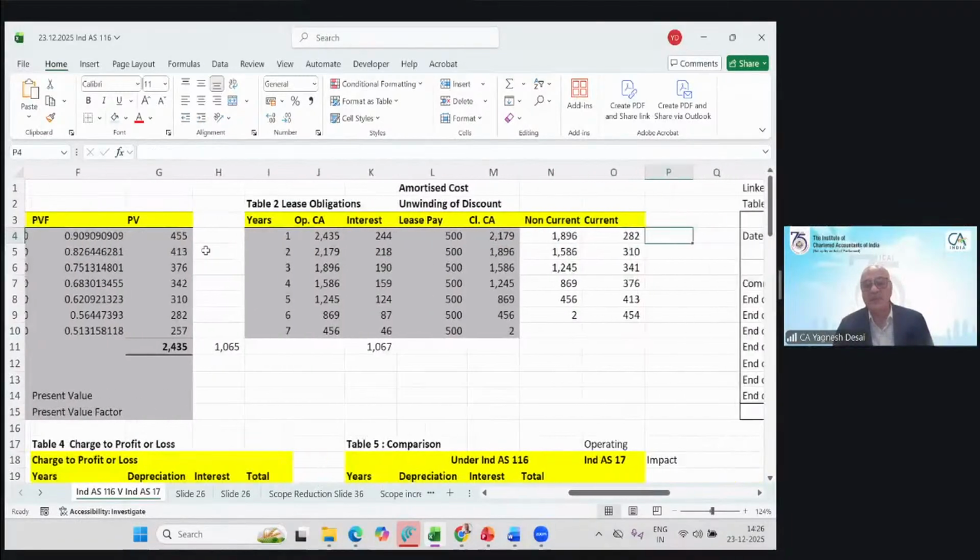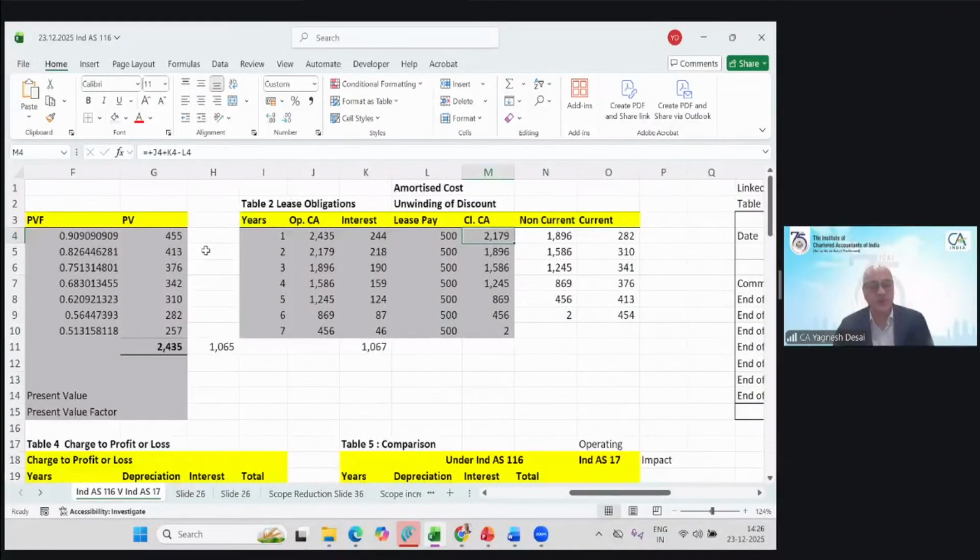My dear friends, how can we miss out the non-current and current classification? These are inseparable. So when I have got 2179 as the carrying value of the liability, I will classify 1896 as a non-current liability and classify 282 as my current liability. The answer is very simple.